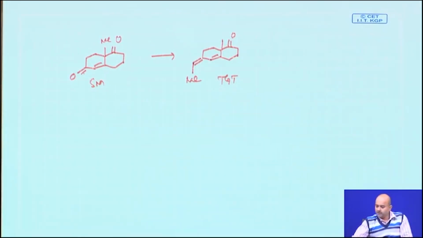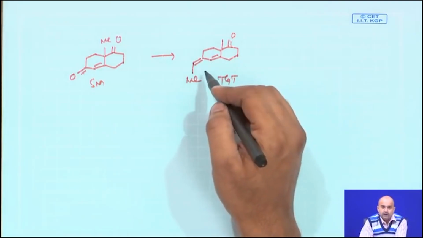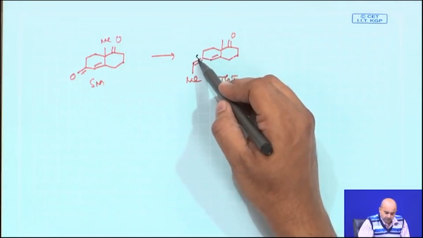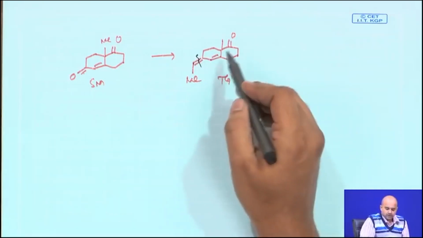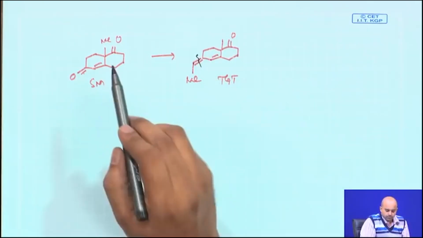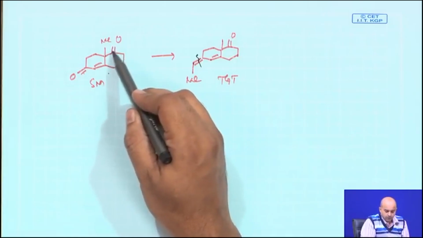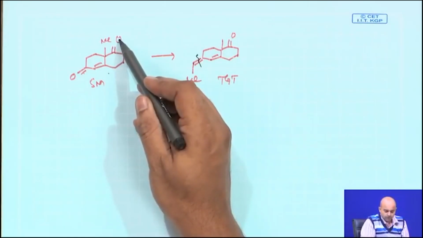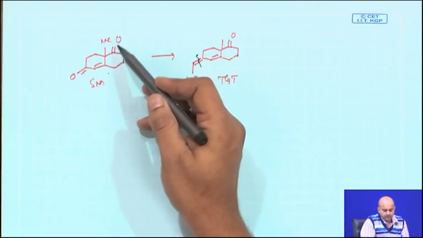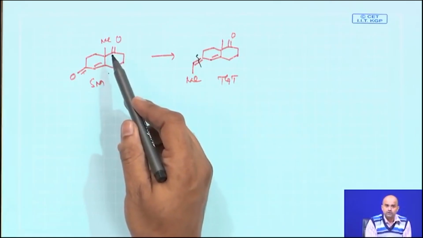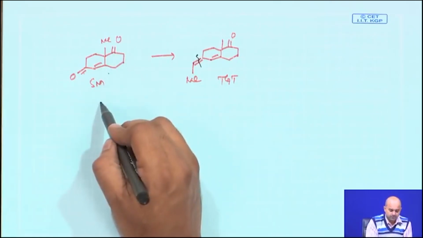Now, looking at the starting material and target, the only reaction we need is a Wittig-kind of reaction. If you simply do a Wittig reaction, the saturated ketone might react faster, because the saturated ketone is obviously very reactive. This ketone needs to be protected at the very beginning.